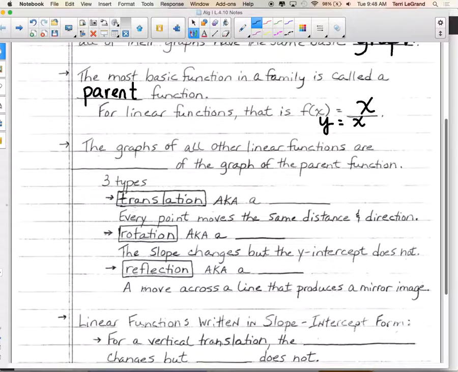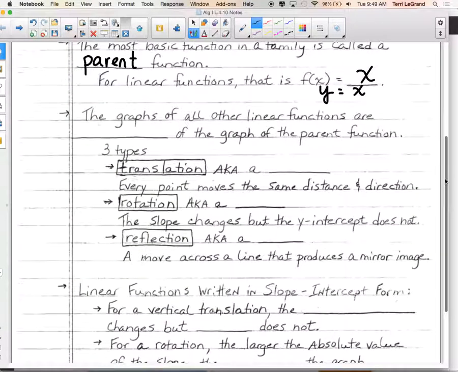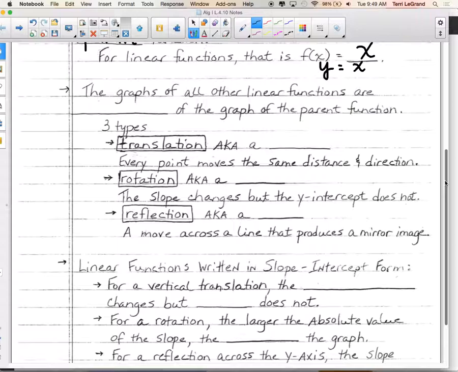So when you have to graph this in your homework, when you have to graph the parent function, that should almost be a no-brainer. It should be like, okay, I'll just start at the origin and I'll just keep going up, 1 over 1, up, 1 over 1, down 1. It should be pretty easy, become pretty rote to be able to graph it. So the graphs of all other, will you just turn that off for right now? You can leave that in there, just turn it off.